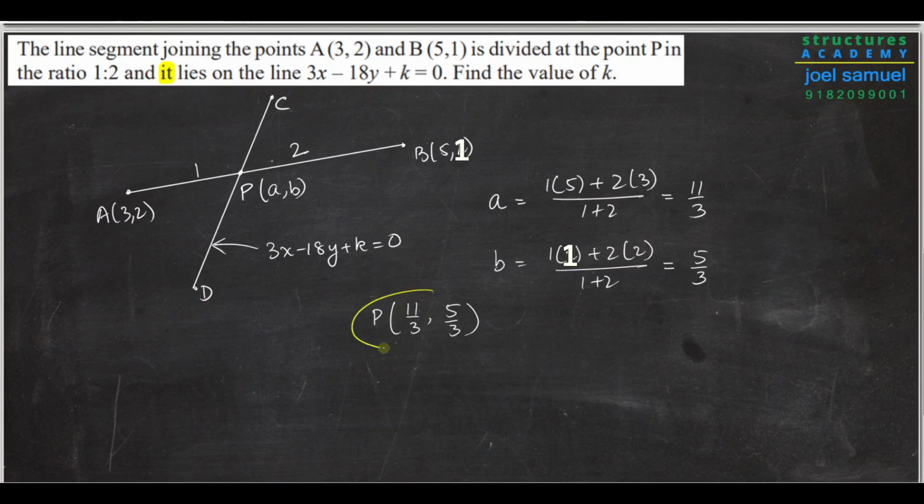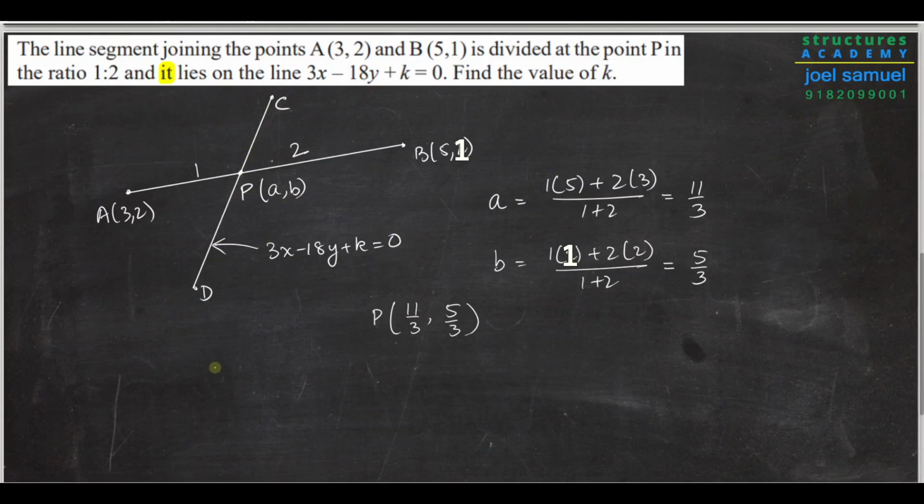Now this point P lies on this line whose equation is given by this. So whatever is the x coordinate of this point P and whatever is the y coordinate of this point P must satisfy this equation, because the point lies on the line itself.